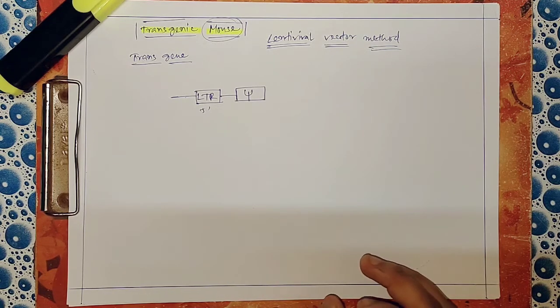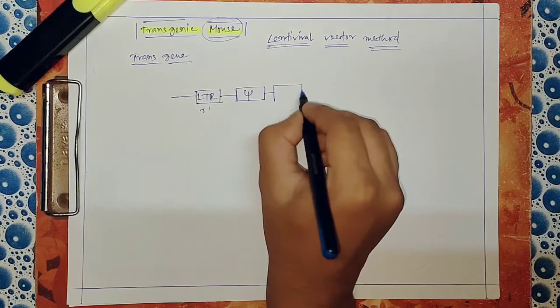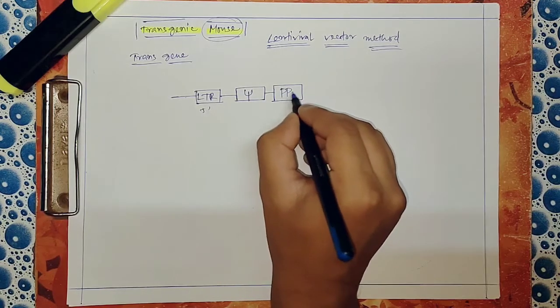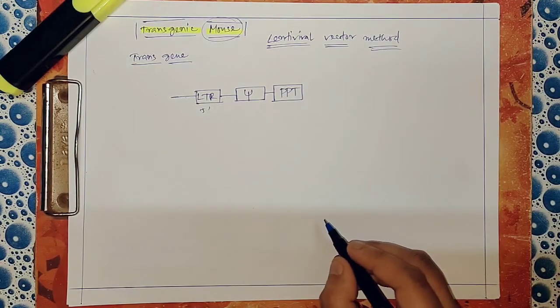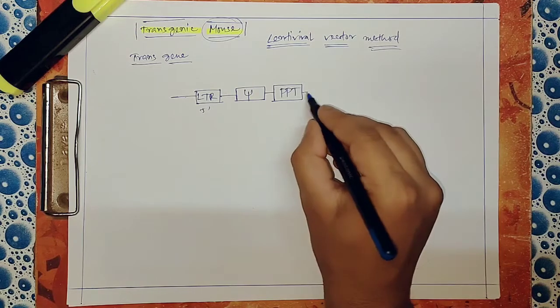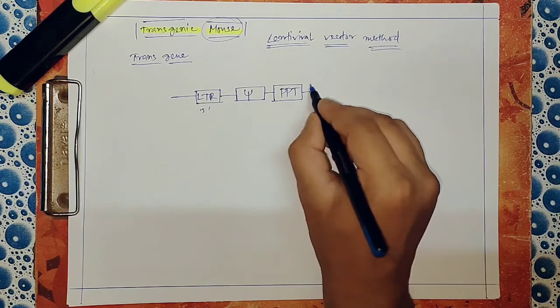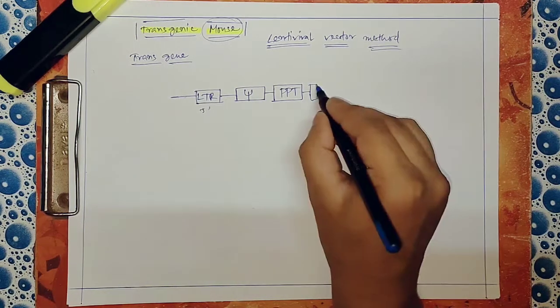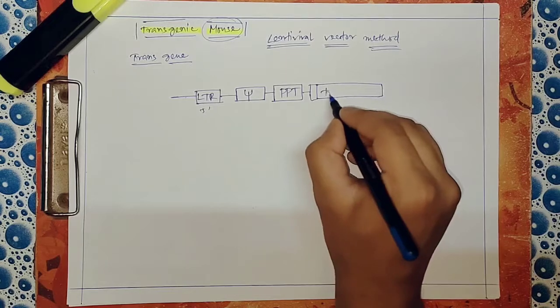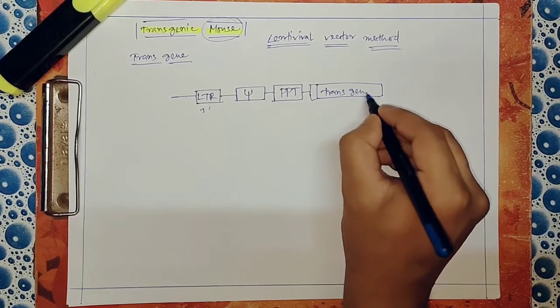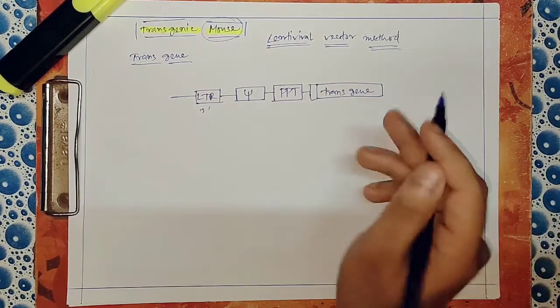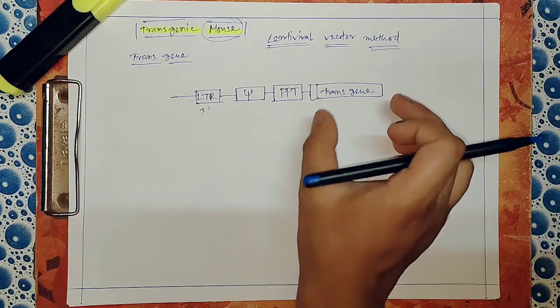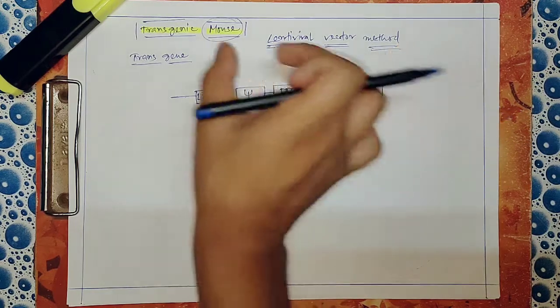It is a different designation: a packaging signal. Then a PPT, which means polypurine tract, and another thing, the most important, the transgene that we are trying to introduce through the lentivirus into the mouse.